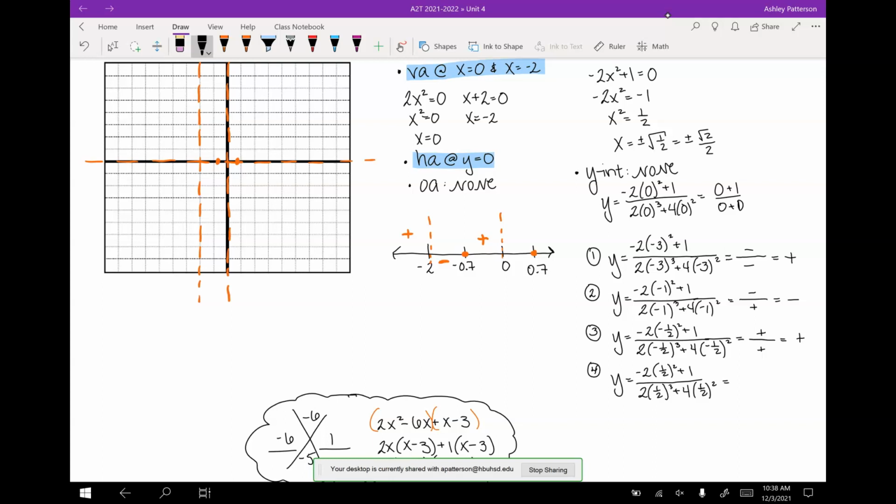What's the sign of the numerator? Positive. What's the sign of the denominator? Positive. What's positive divided by a positive? Positive. So in this fourth region, yet again, our y values are positive, making our function go above the x-axis.